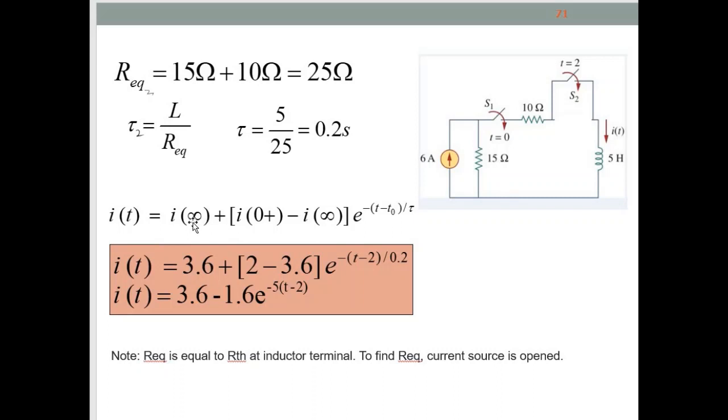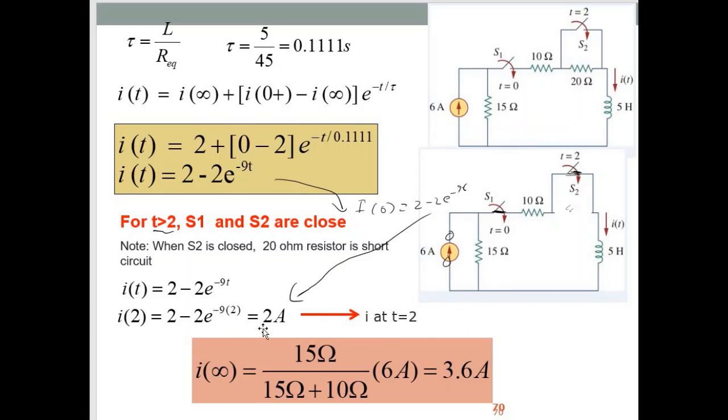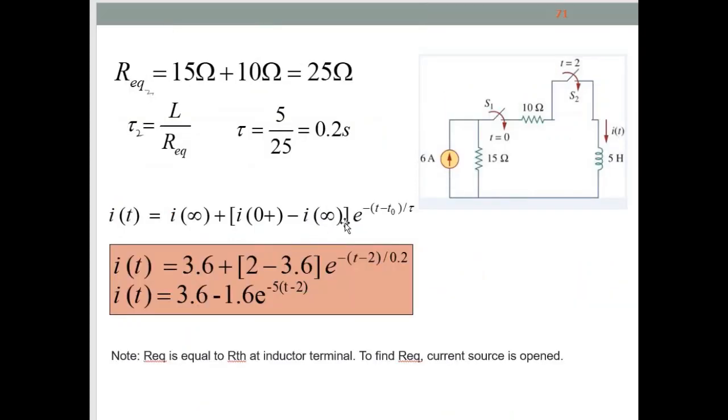So straightforward. Don't insert a different value. Remember, this is the value that we calculated here. 2 ampere is the I naught. I infinity is 3.6.